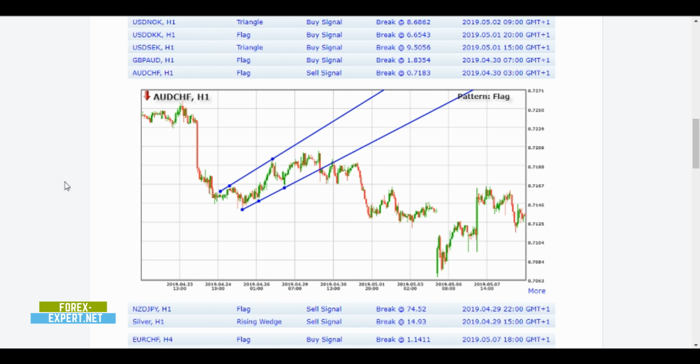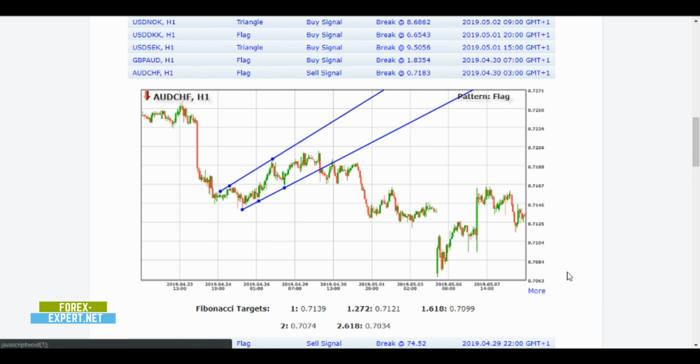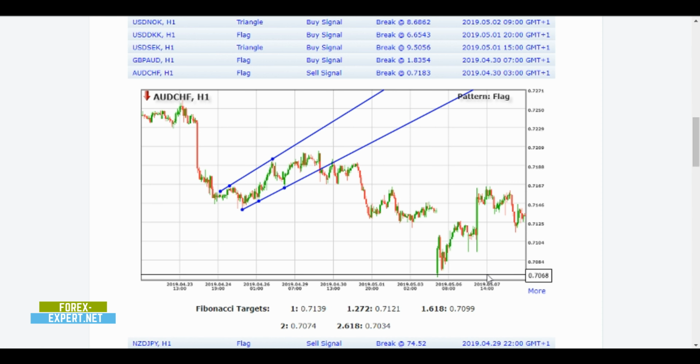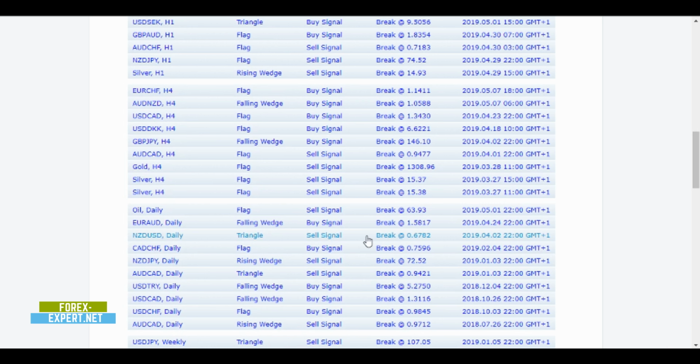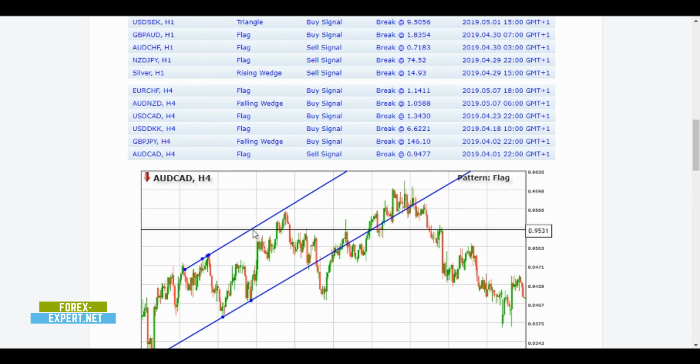So you will find many great opportunities here. It's very important to read the charts. Another example, we have the Australian dollar and the Swiss franc. The recognized pattern is a flag sell signal, break at 0.7183 going down to 0.7067, hitting the fourth target.